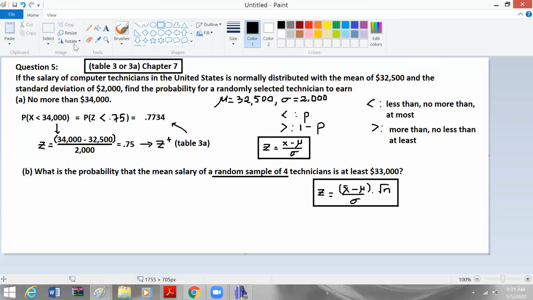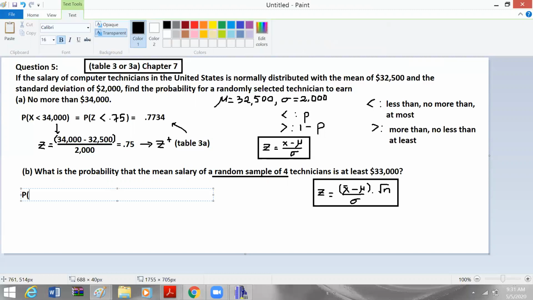So we gotta be really careful. And the keyword for that is at least, right? So at least 33,000, that will be the probability of X bar, the mean, greater than or equal to 33,000. And then the z should be greater than a certain number that we don't know. We're going to figure out what it is, right?